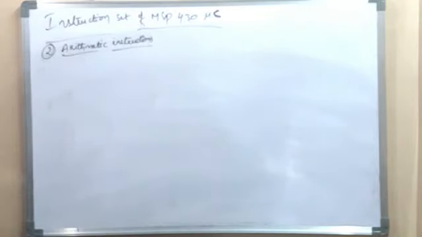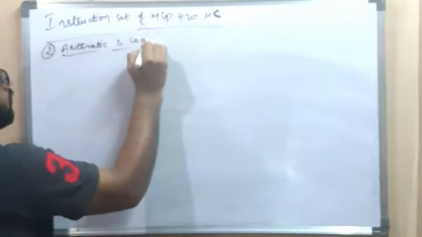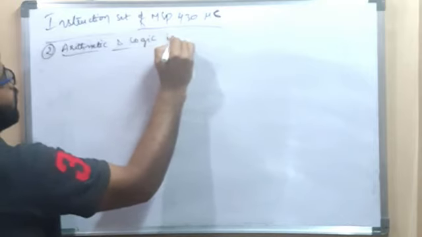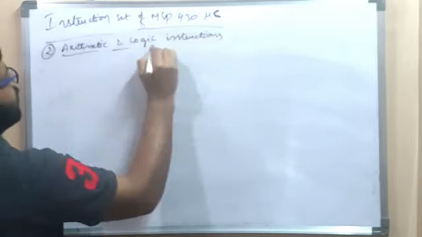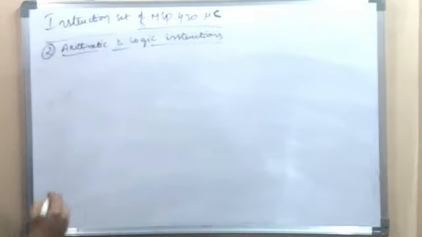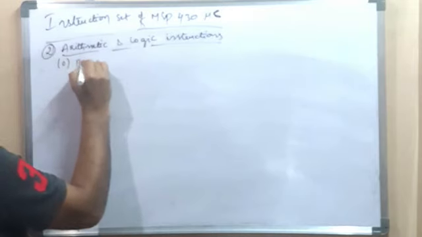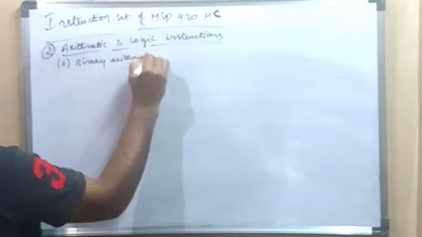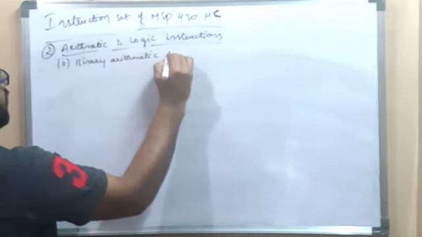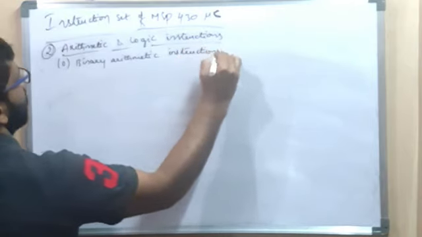So whenever you hear arithmetic and logic instructions, there are basic operations performed like addition and subtraction. So let us discuss first binary arithmetic instructions with 2 operands.